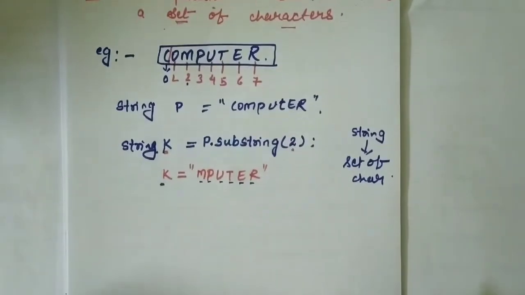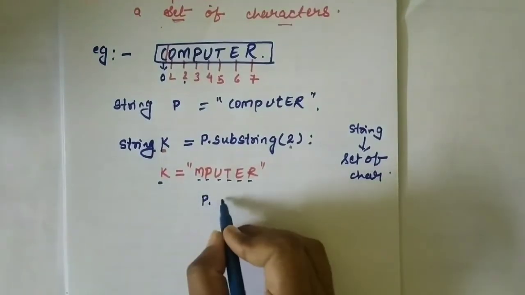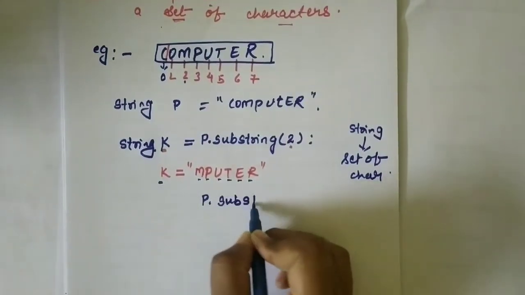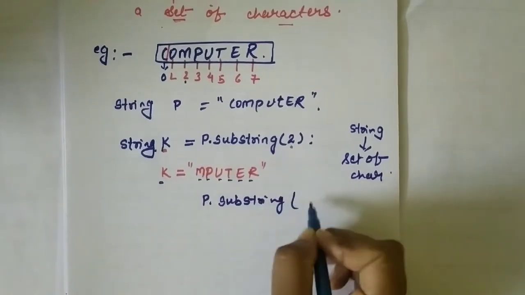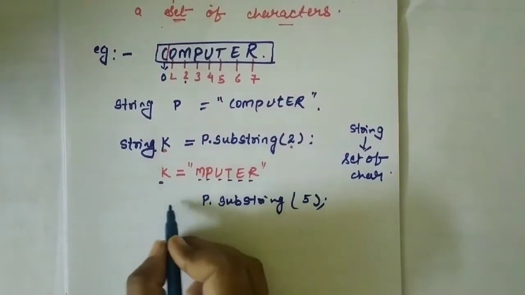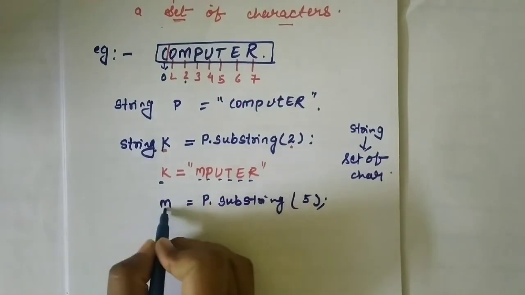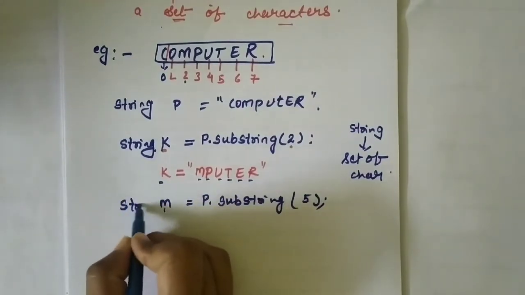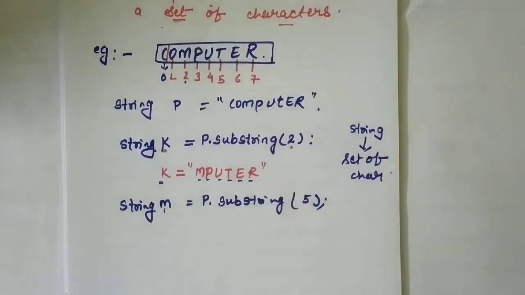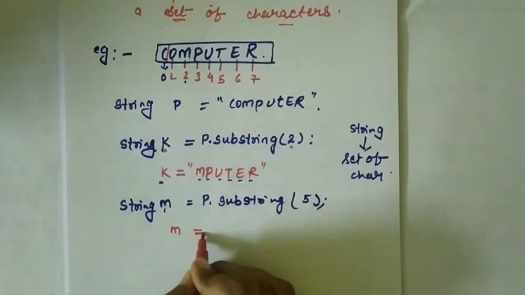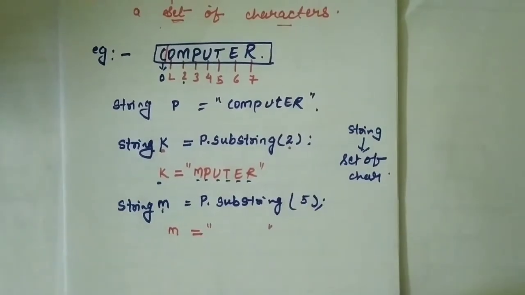Suppose we write p dot substring 5 and store it in m. What is the data type of m? The data type of m is string. So what is the value of m? How many characters are stored in m?